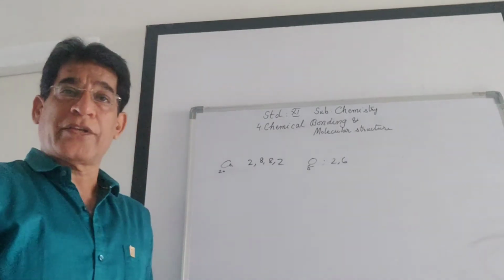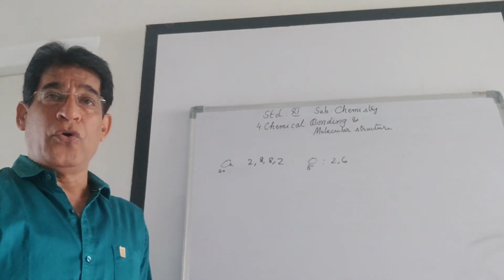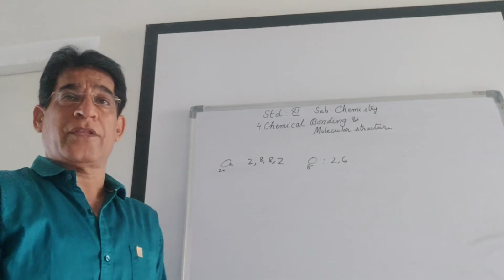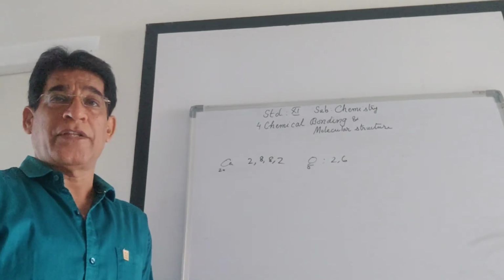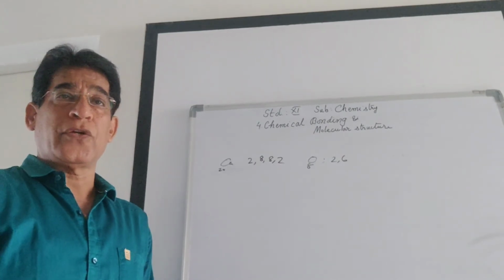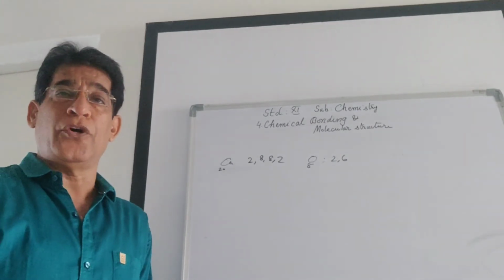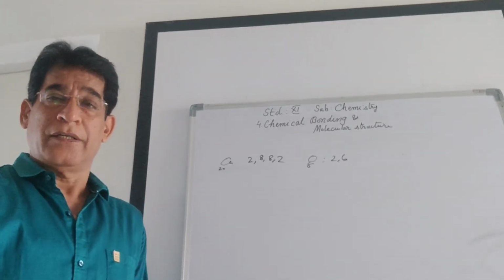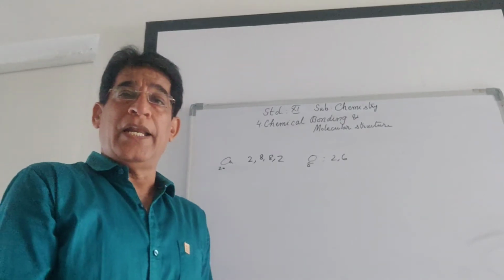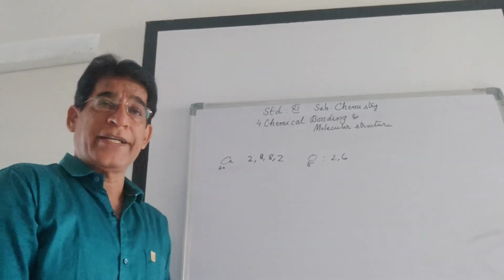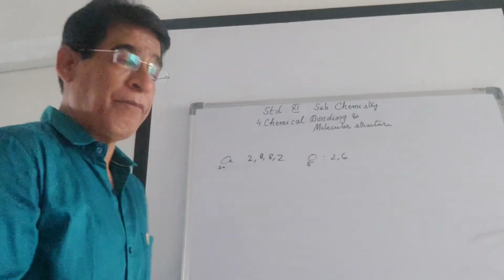Oxygen requires 2 electrons more to complete its octet, whereas calcium has 2 electrons more than the nearest noble gas. The electron transfer takes place as follows.